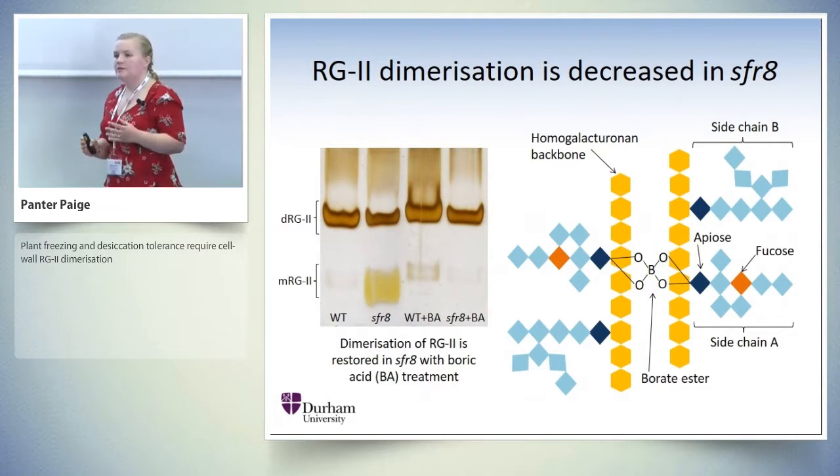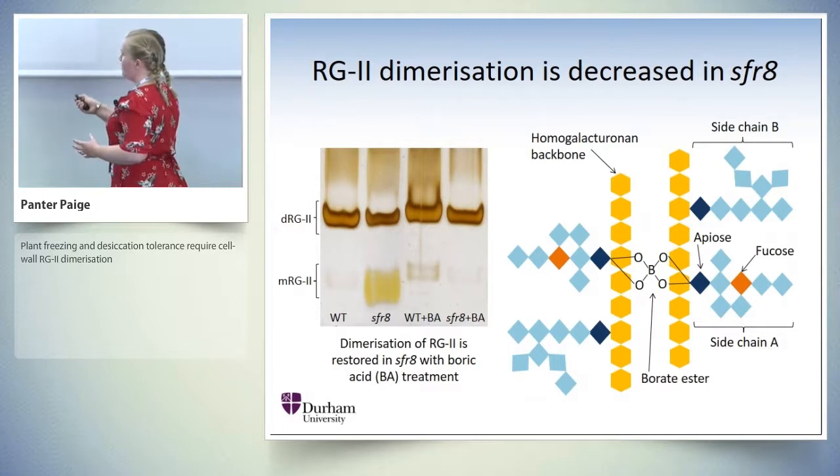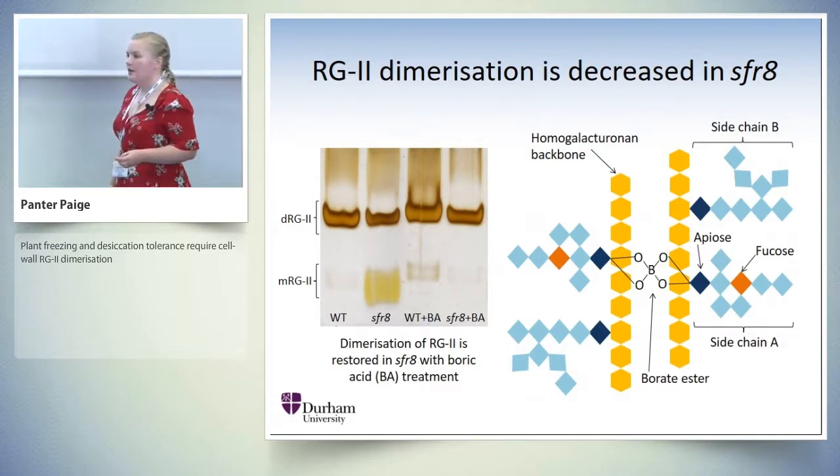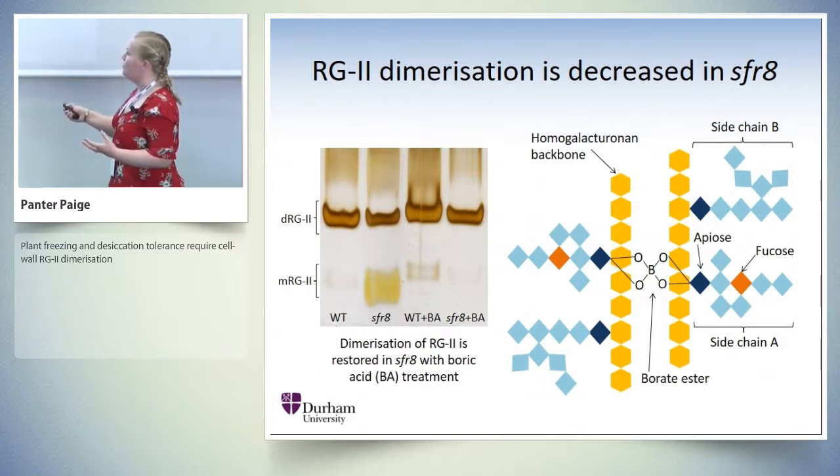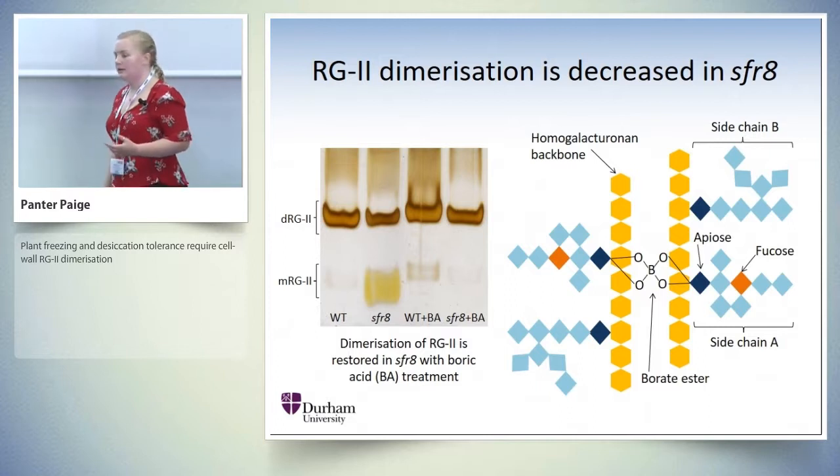Now this crosslink actually relies on the fucose residue, which is also present in side chain A, because if you get rid of that fucose residue, then you can no longer form the borate ester crosslink.